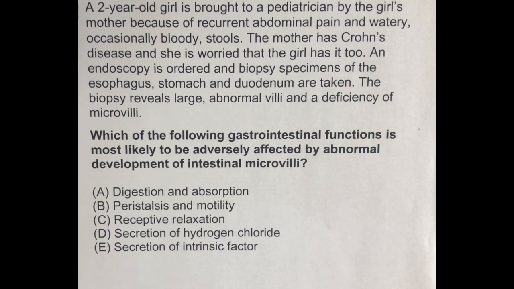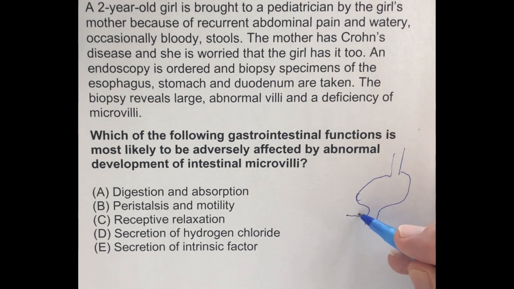Which of the following gastrointestinal functions is most likely to be adversely affected by abnormal development of intestinal microvilli? Well, the microvilli we know. Let's start with what we know. Here's the esophagus, here's a stomach, and down here is a duodenum.